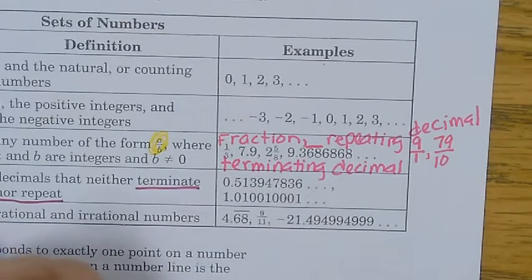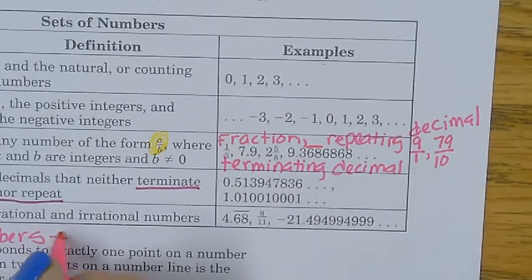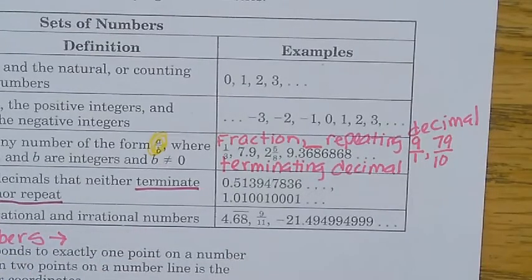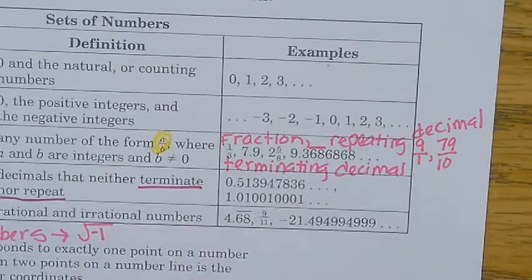So there are also something called imaginary numbers that you'll start to deal with next year. But that's why we have this group called the real numbers. Okay, these are everything that we're dealing with here and you have dealt with in the past. Imaginary numbers help us deal with something like the square root of -1.